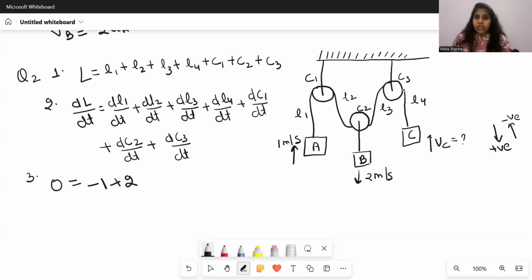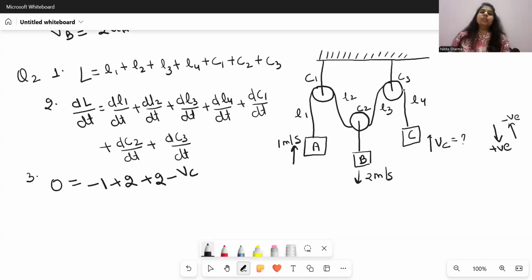Length L3 will be changing when block B is moving, that is downward with 2 meter per second. And length L4 will be changing when block C is moving with VC. I have considered moving upward. That means it is minus VC.